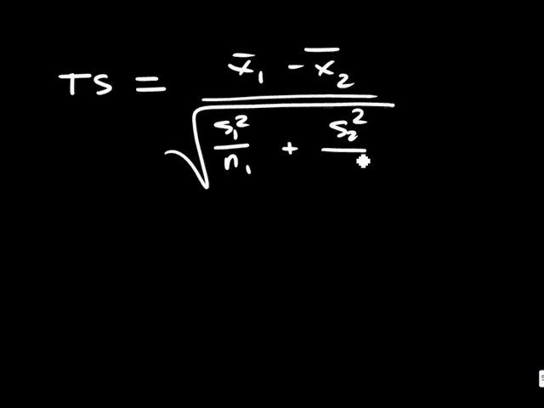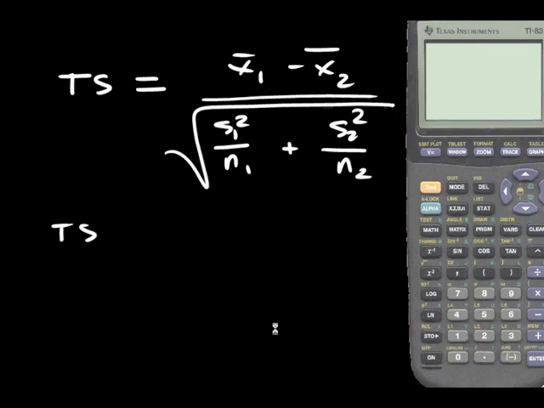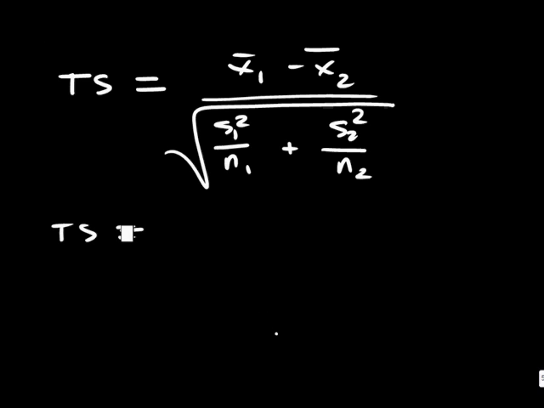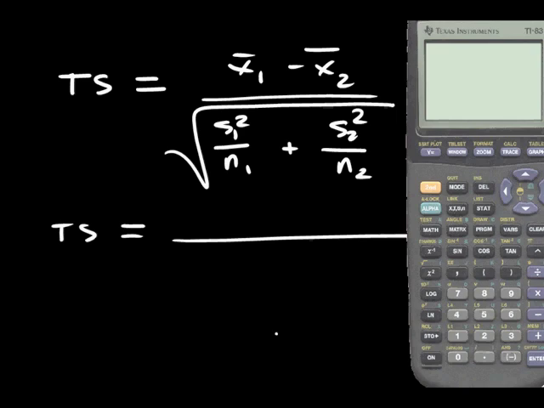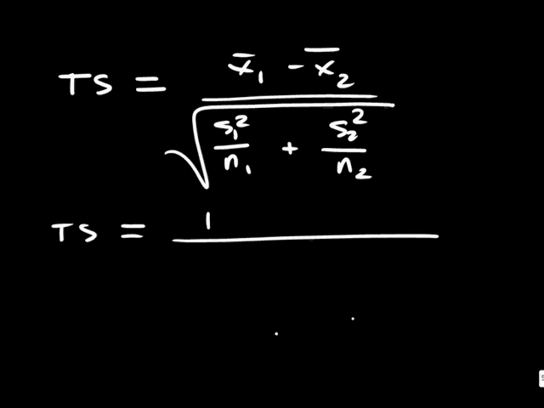Let's see what we get. 19.4 minus 15.1, over the square root of 1.4 squared over 35 plus 0.8 squared over 40.